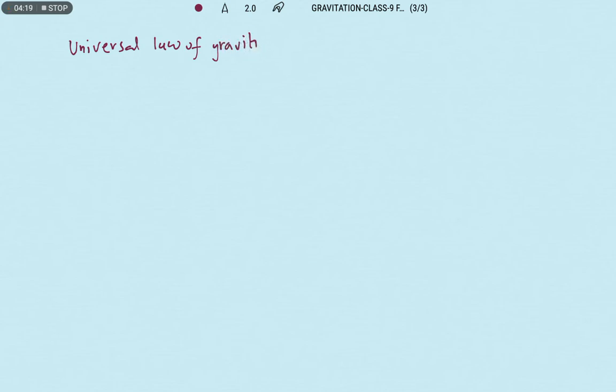It is a very famous law, and it is a fundamental law in physics. Sir, what is meant by the law of gravitation? It is also known as the inverse square law. Sir, why is it called the inverse square law? Let us discuss in detail.